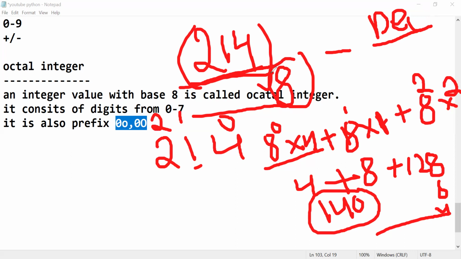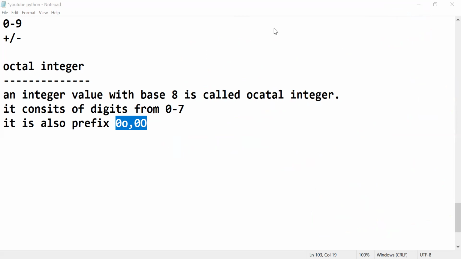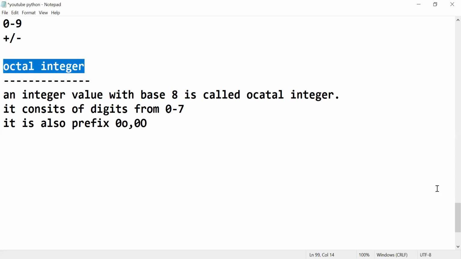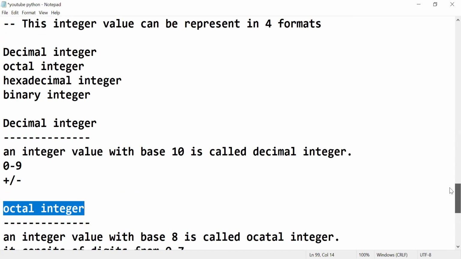Suppose you want to convert decimal into octal value, you need to divide by the octal base value. In which format you need the output, based on that format you have to take the base value, guys. I hope you understand what an octal integer is and what a decimal integer is, guys.